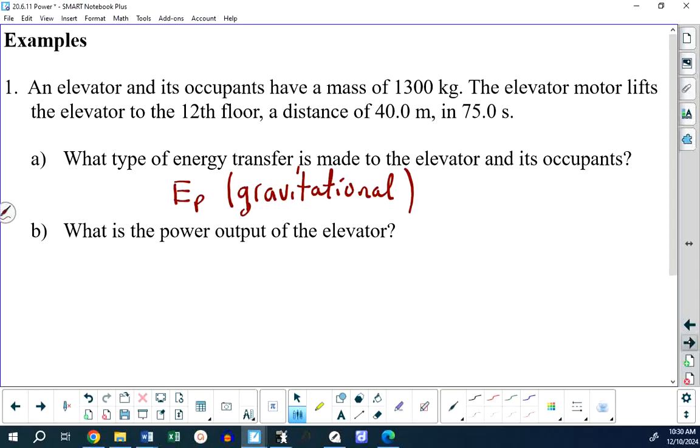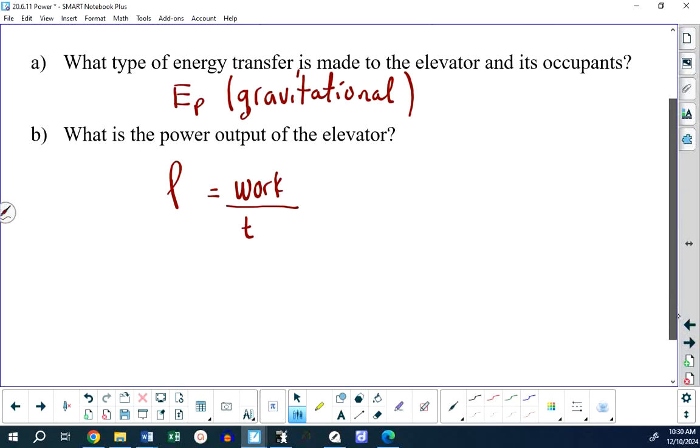So what is the power output? Well, power equals work over time. Again, I stay away from the formulas as they are on your formula sheet. Work is change in energy over time. What kind of energy is being transferred by the motor? Well, potential. We've already established that.